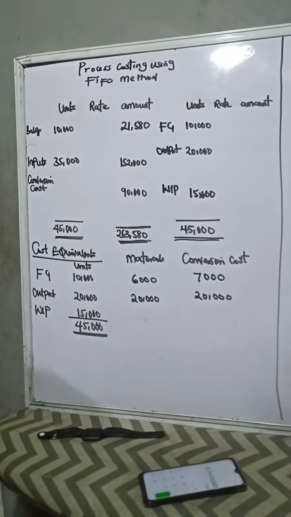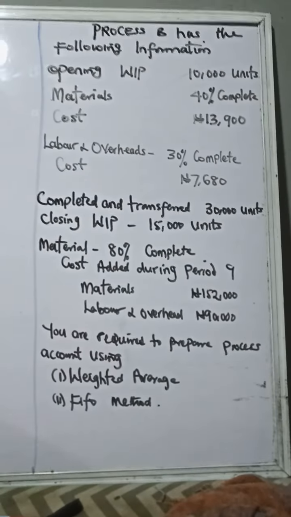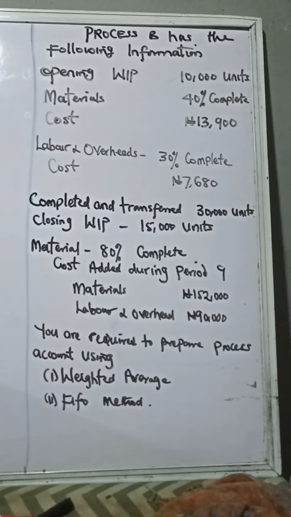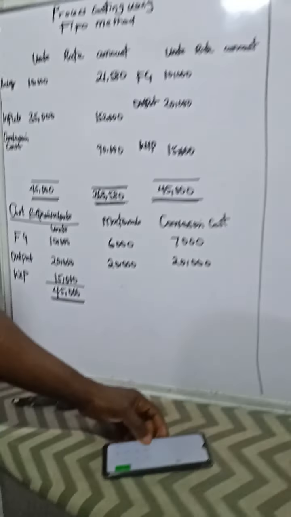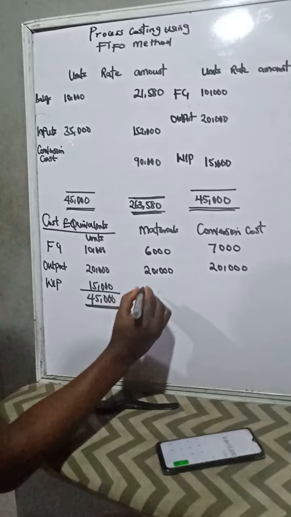Do you see it now? Then for closing WIP, we'll go back to the question. So we have 80% completed. So this one, you don't need to adjust anything. You just use this 80% the way it is. So 80% of 15,000 gives us 12,000.